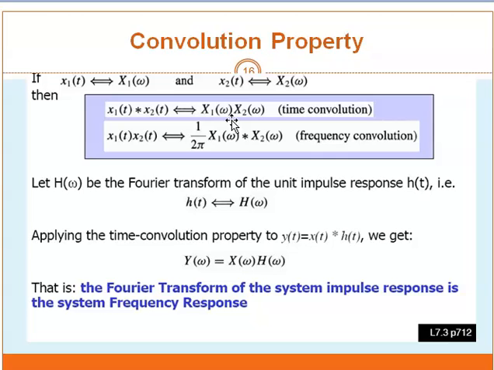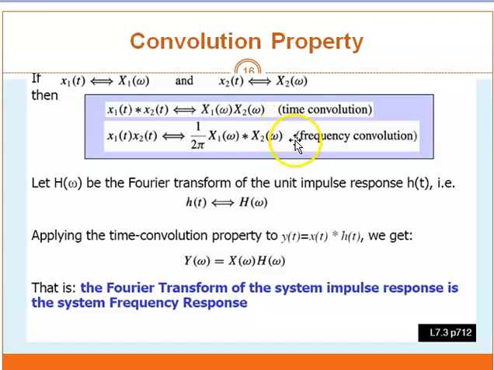For the convolution property, the first one we have is time convolution. You have x1(t) convolved with x2(t). When you apply the Fourier transform, in frequency domain, you will have X1(omega) times X2(omega), meaning that if in time domain you have time convolution, in frequency domain, it is just the multiplication of those two frequency signals.